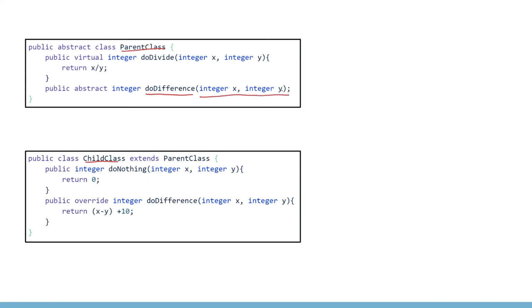There is no definition for that. We are extending the parent class in the child class, and then we are just using the word override, and then we are passing the definition, or the business logic, to it. So that is how you can use abstract.